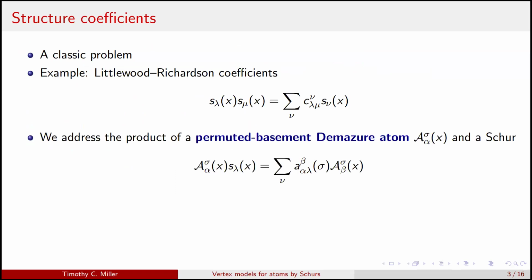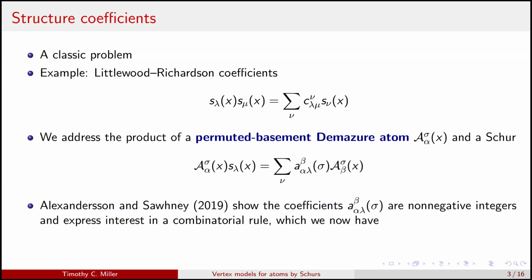Today we're going to be talking about the product of a permuted-basement Demazure atom and a Schur polynomial, and these coefficients A, alpha, lambda, beta, sigma. Alexandersson and Sanyal show that these coefficients are non-negative integers and express interest in a combinatorial rule, which is what we now have.